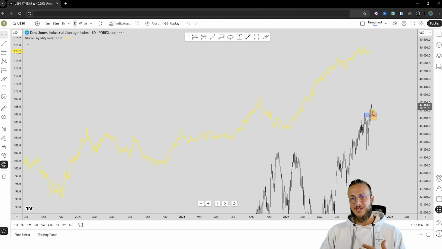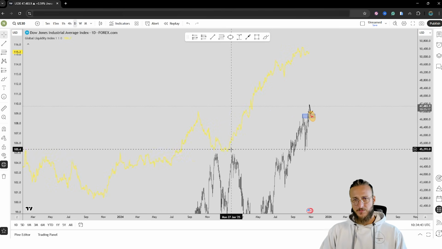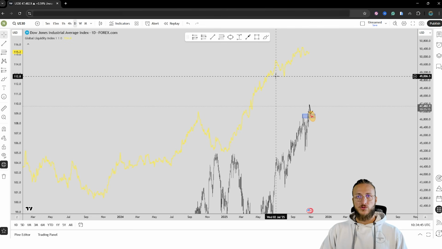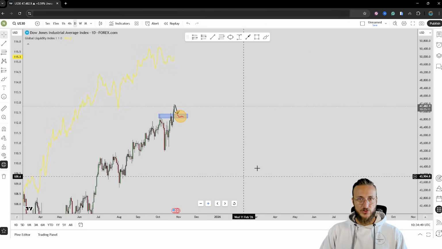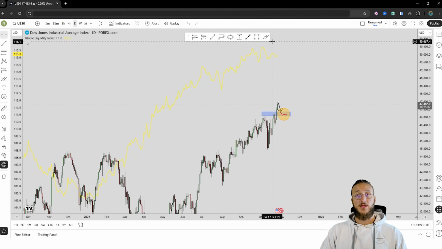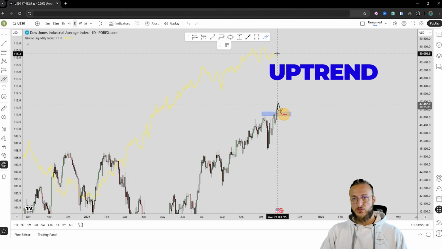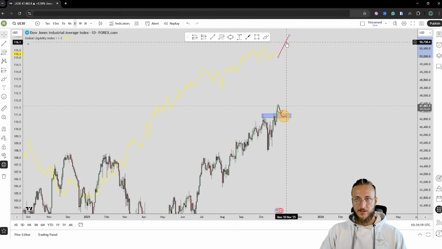So it is a clear index of what the liquidity situation around the world is. Indexes like the US30 are very reactive to such a metric. And what we can see right now is that clearly the M2 money supply is in an uptrend, and it seems like it is ready for the next leg higher from here.